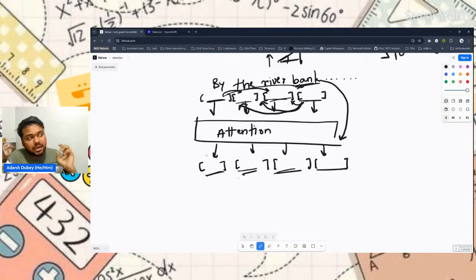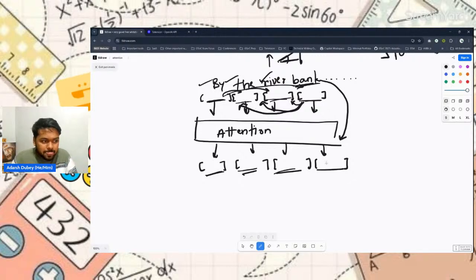And "by" and "the" don't really correlate with the word bank, but river does correlate with the word bank, because river bank together means something completely different. So the infusion from the words "by" and "the" will be really less, but the infusion from the word river will be very strong.